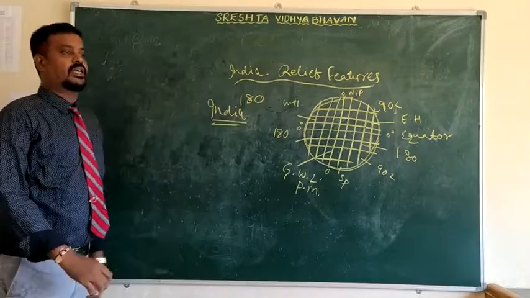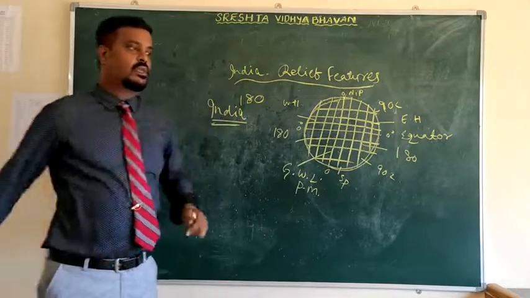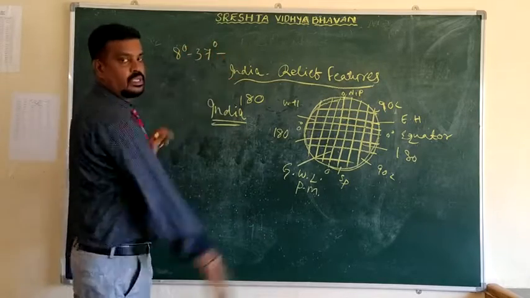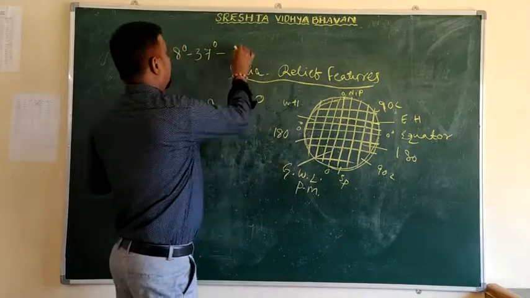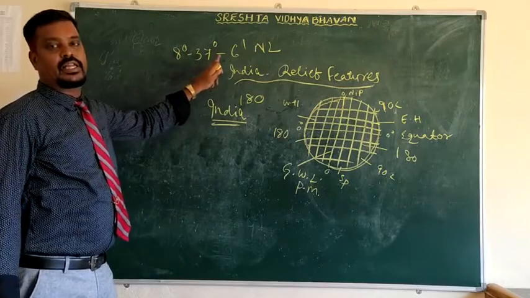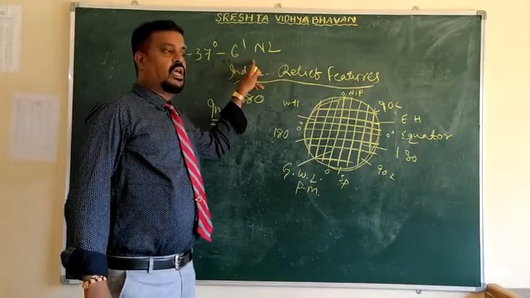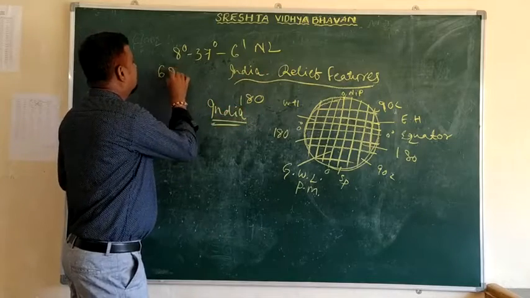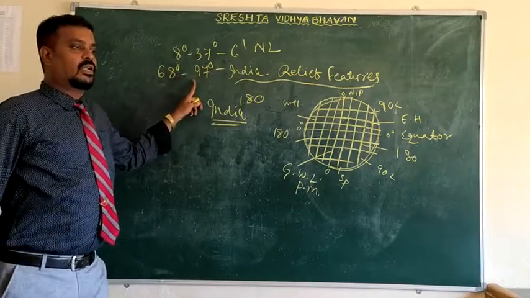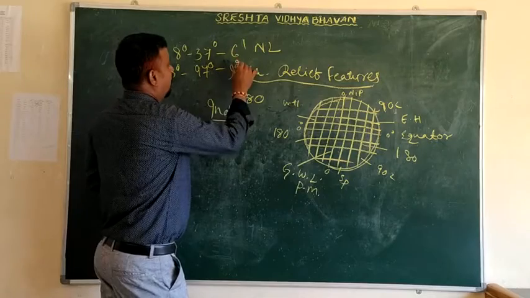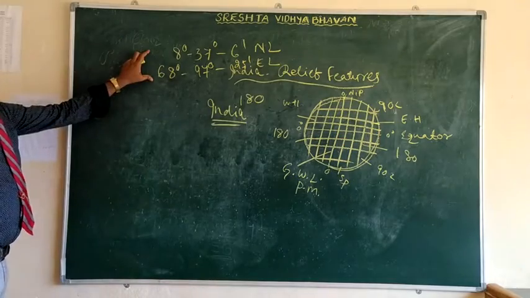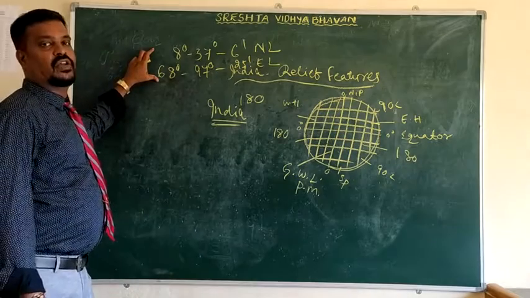India is located from 8 degree 4 minutes to 37 degree 6 minutes north latitude, and 68 degree 7 minutes to 97 degree 25 minutes east longitude. So this is the location of India.